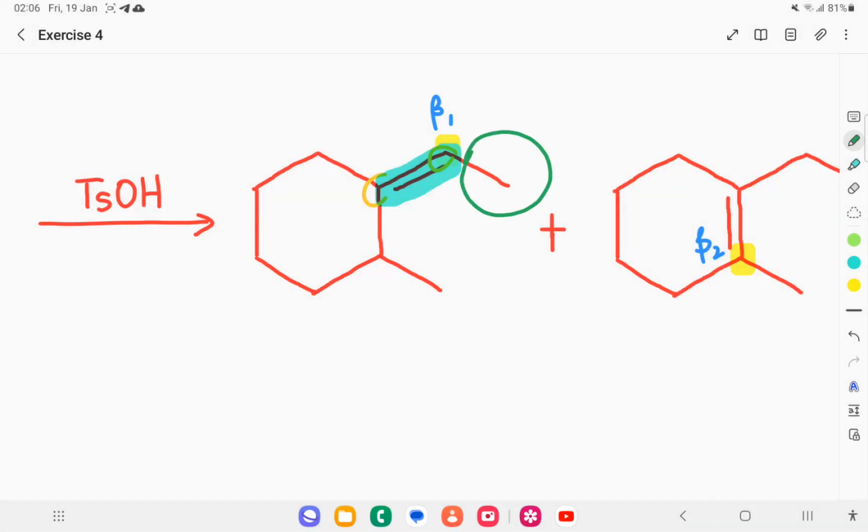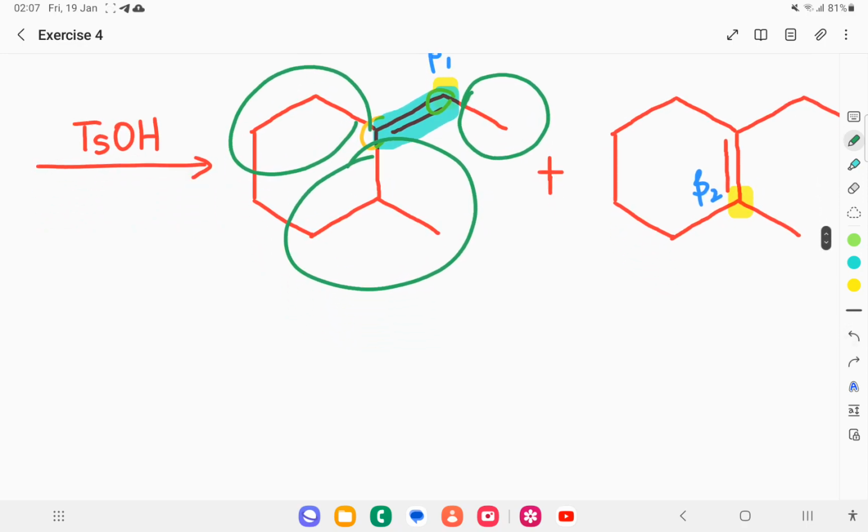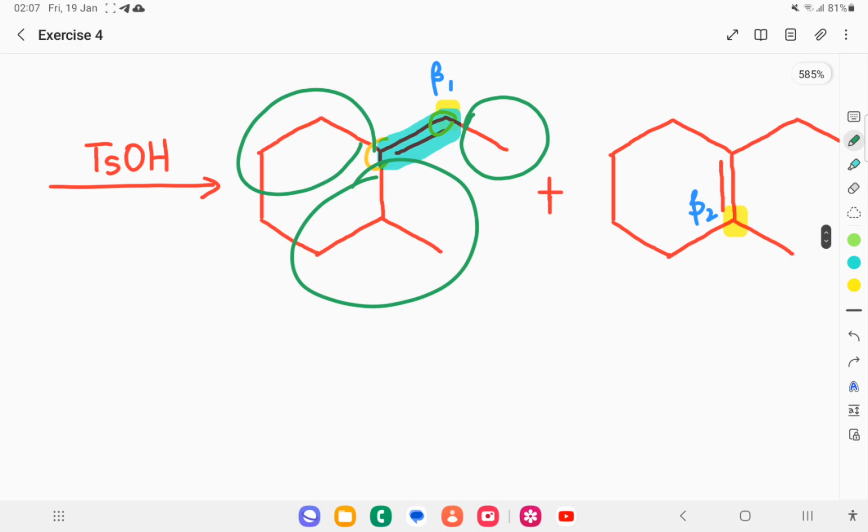We have one alkyl group, two alkyl groups, and then three alkyl groups. This is also considered an alkyl group because it is a methyl, the simplest alkyl group, CH3. So the first product is a trisubstituted alkene.